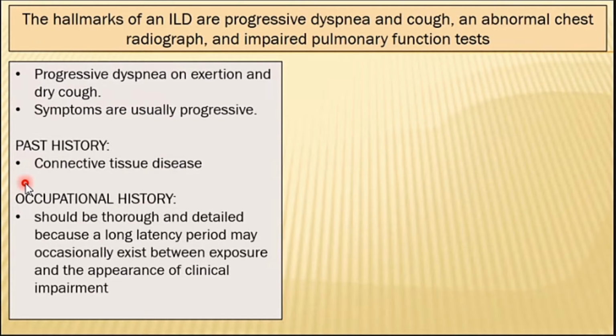Most of the time, especially in CTD-associated ILDs, you may have a history suggestive of the connective tissue disorder preceding the onset of the respiratory complaints and the lung pathology. However, at times, the lung pathology may be the first presentation of the connective tissue disorder. And a good example would be systemic sclerosis, especially limited disease.